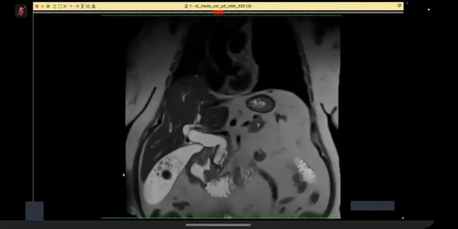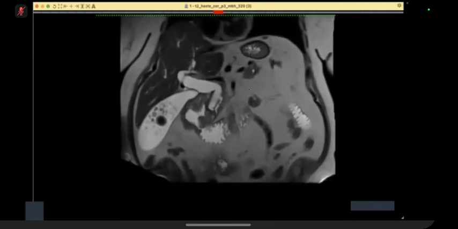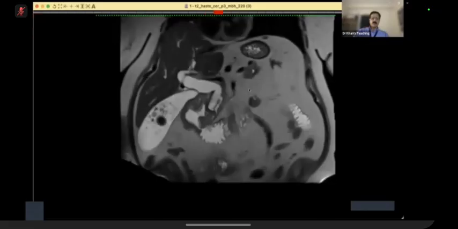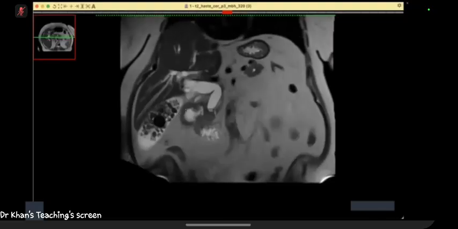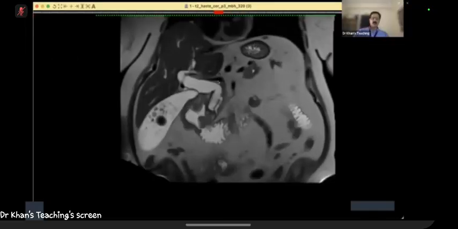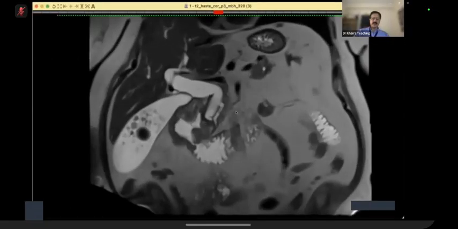Now, if you see here on this T2 weighted sequence, of course, there were gallstones, no signs of acute cholecystitis. The extrahepatic biliary duct is dilated.